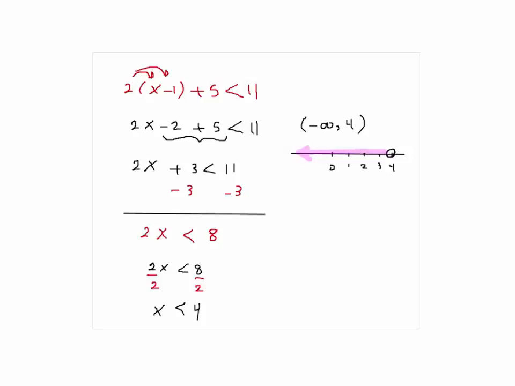Now, if I say equal to also, then we have to include the endpoint. So this point here, 4, would be included, and then this would become a bracket instead of a parenthesis. That's the difference. So if the endpoint is included, use a bracket. If it's not, use parentheses, and that's the interval notation that I was referring to.